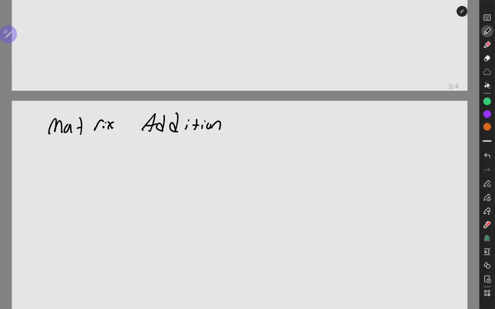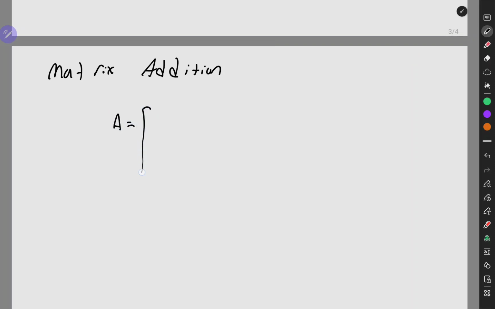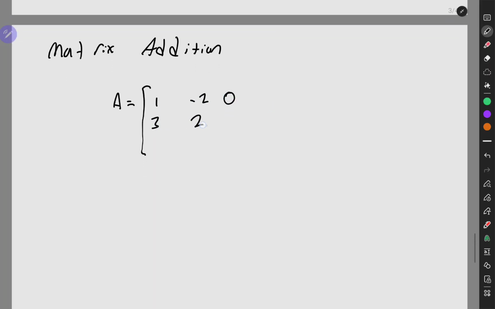Let's see if I have any examples here that I can use. Okay, say we had the two matrices, A is equal to 1, negative 2, 0, 3, 2. I just came up with this. This stuff's not too bad.